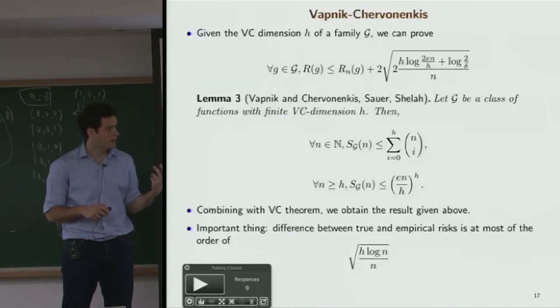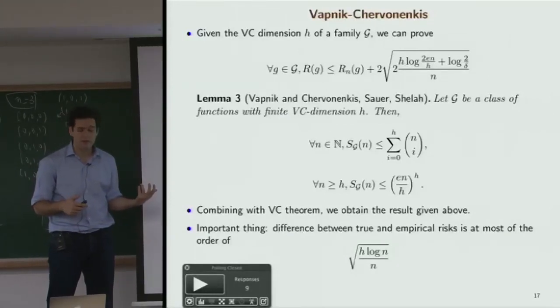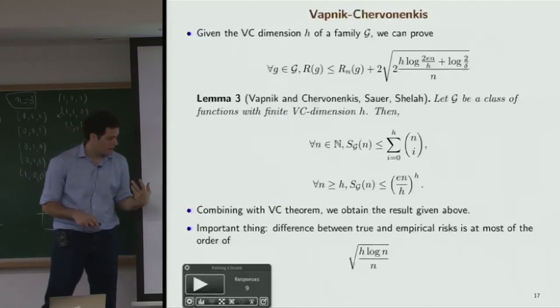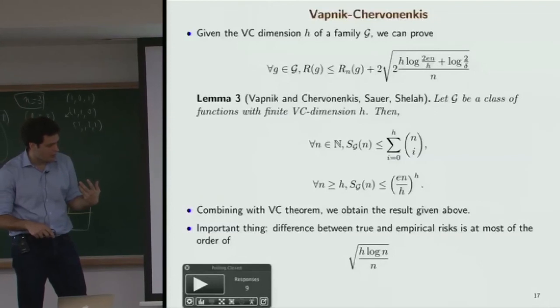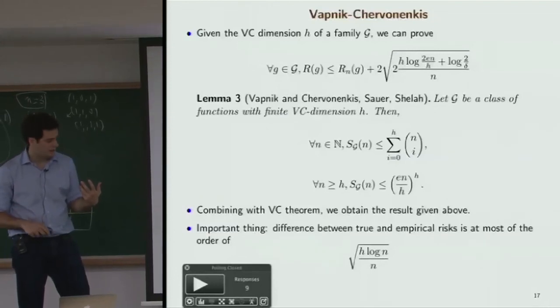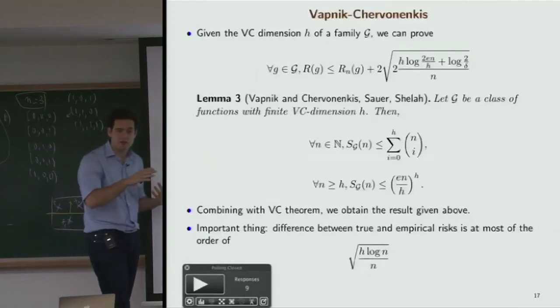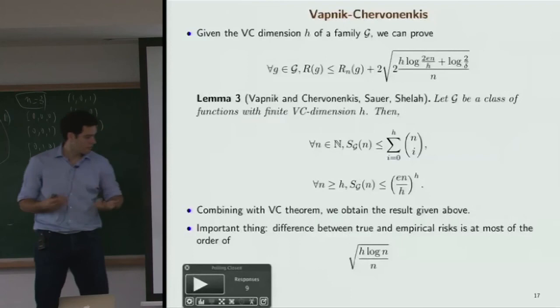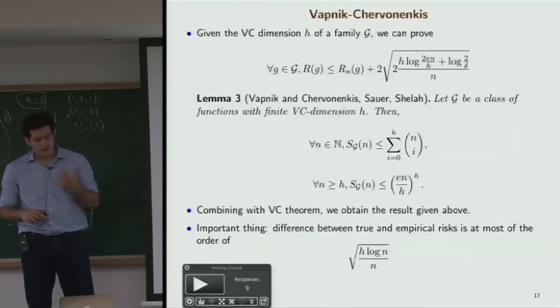If you choose functions which have low VC dimension, and among them hyperplanes, then you get a bound where the numerator doesn't increase too fast with the number of points n, whereas the denominator, the square root of n, will decrease relatively fast to give you a nice bound here, a nice difference here.